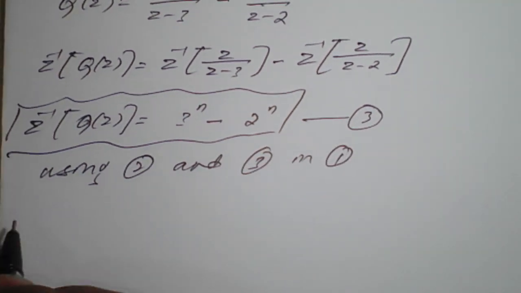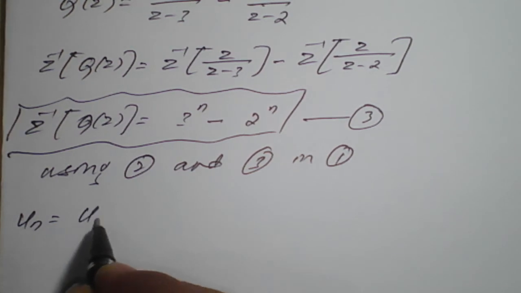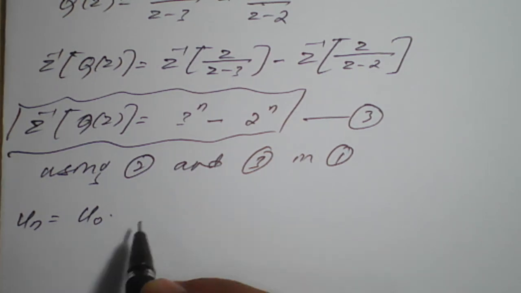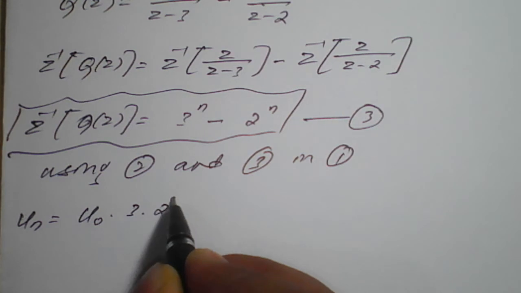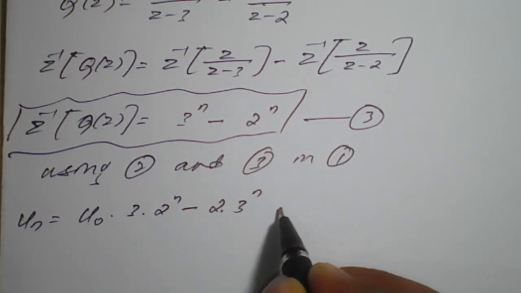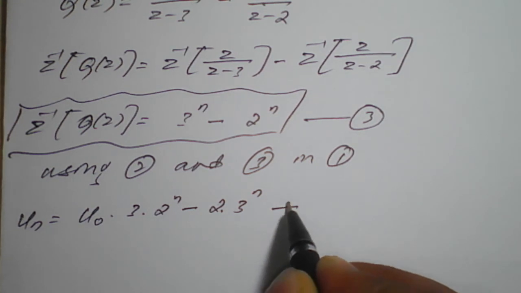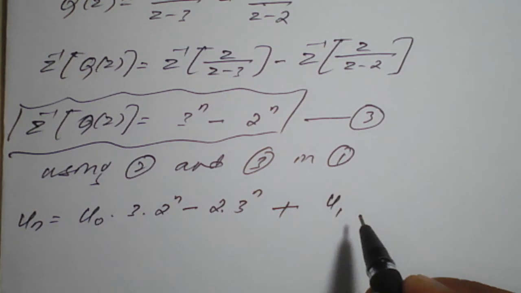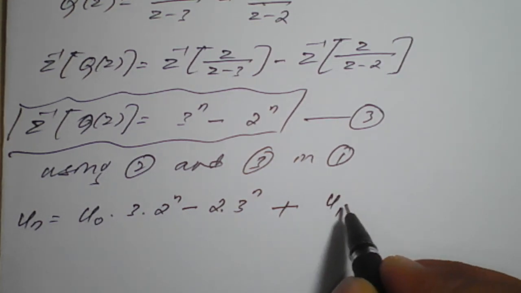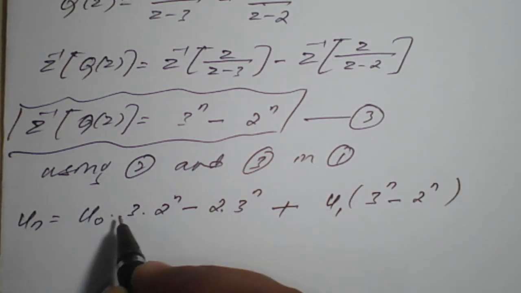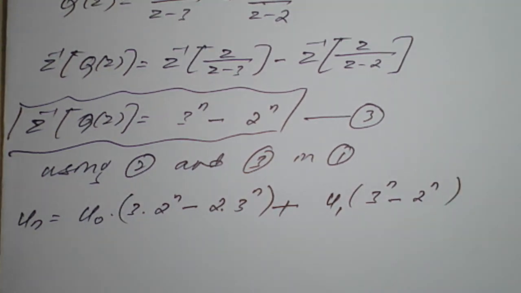We get un is equal to u naught into Z inverse of PZ. The Z inverse of PZ answer we got is 3 into 2 raised to n minus 2 into 3 raised to n, plus the second term u1 into Z inverse of QZ, that is 3 raised to n minus 2 raised to n. So we got these two results.